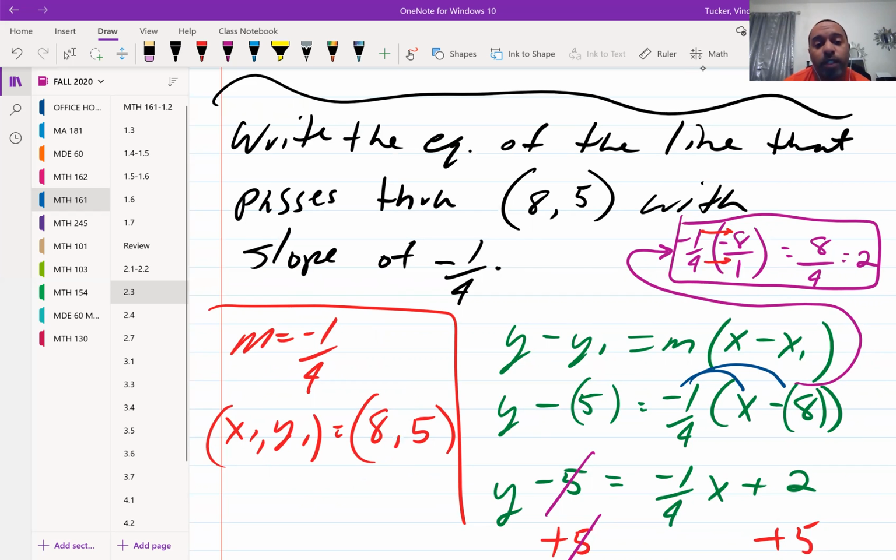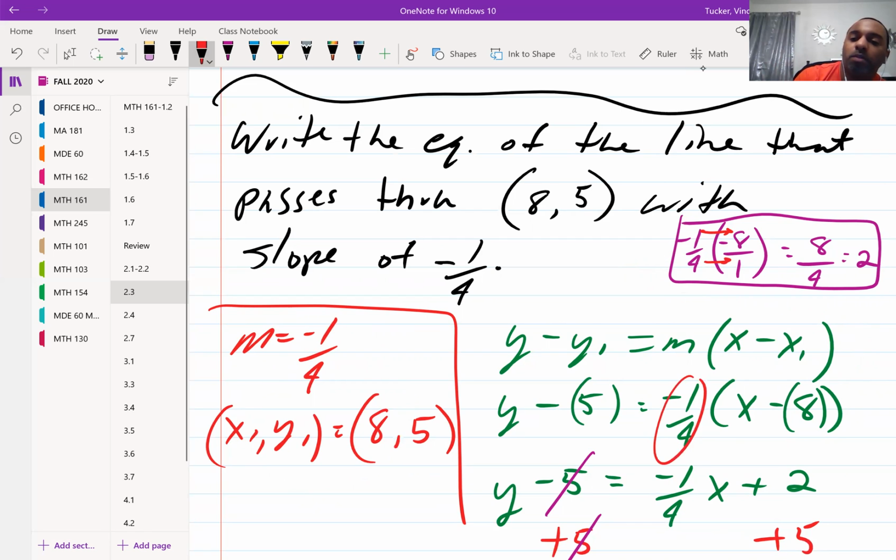Then our point (x1, y1) is going to be (8, 5) for us. So we want to substitute into the equation accordingly. We want to use our point slope formula because we have a point and a slope. So m is our slope, that's -1/4. And plug in 5 for y1 and then 8 for x1.